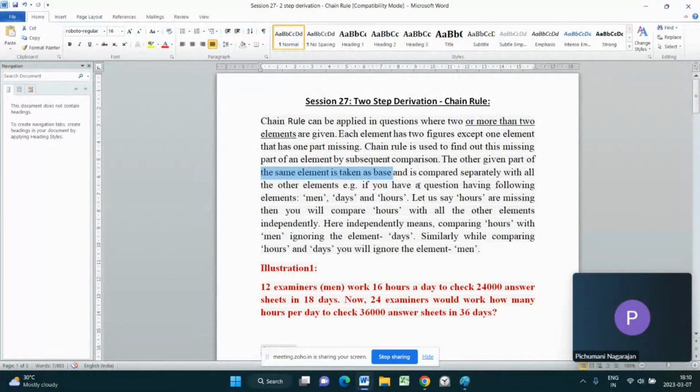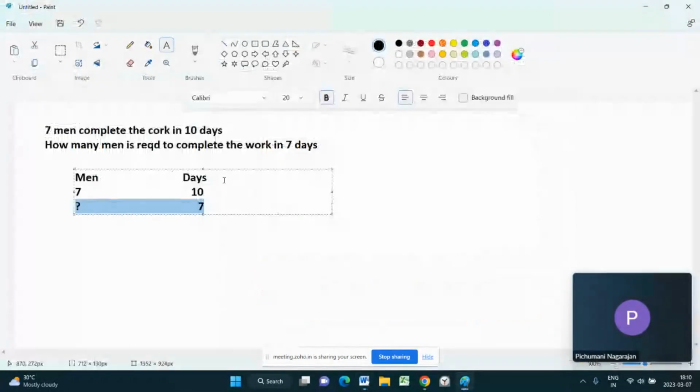Understood? If you have a question having the following elements, men, days, hours, let us say hours is missing in one of the elements. Here they have days and hours. Men, this is 15 hours a day. Here how many hours are needed? This is what they mean.